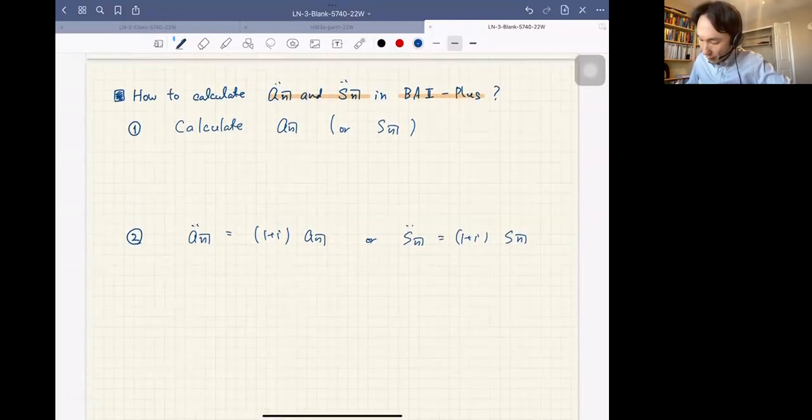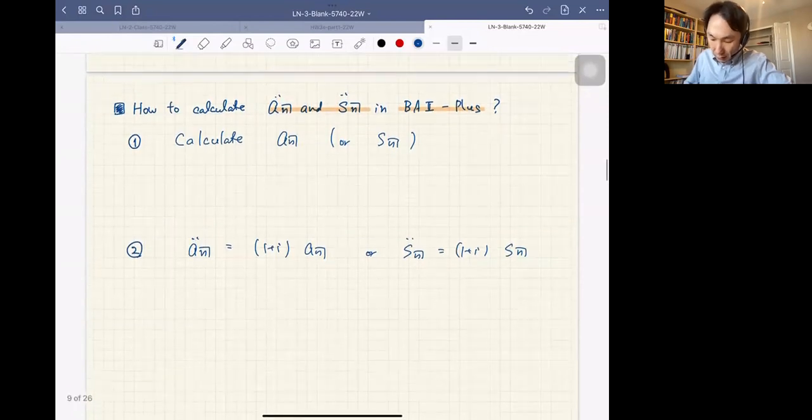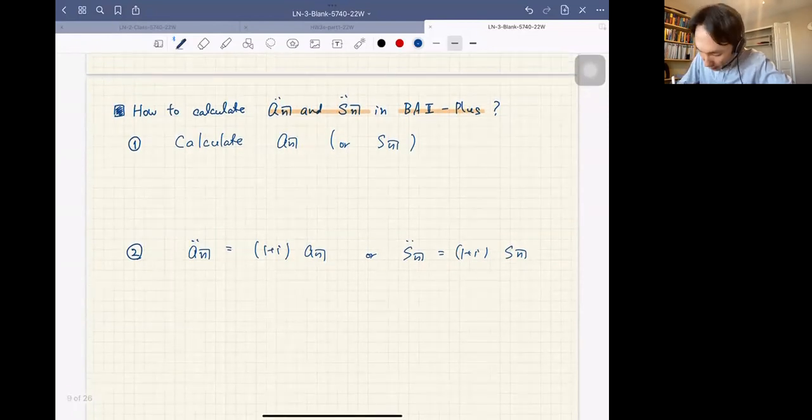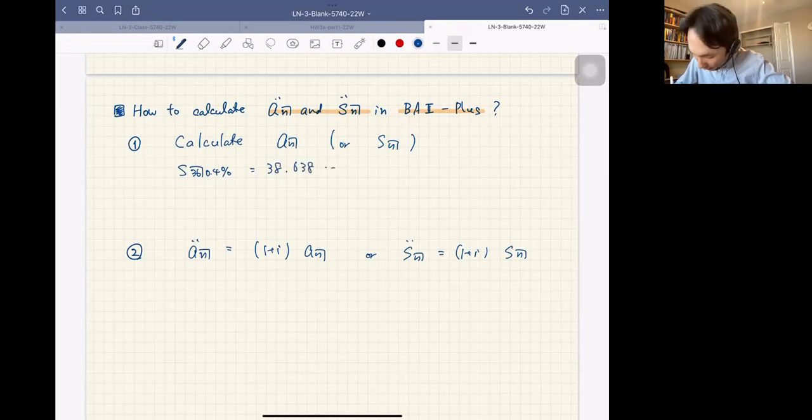In our case, the S angle 36 is certainly calculated by BA II Plus. So this is actually 38.638.